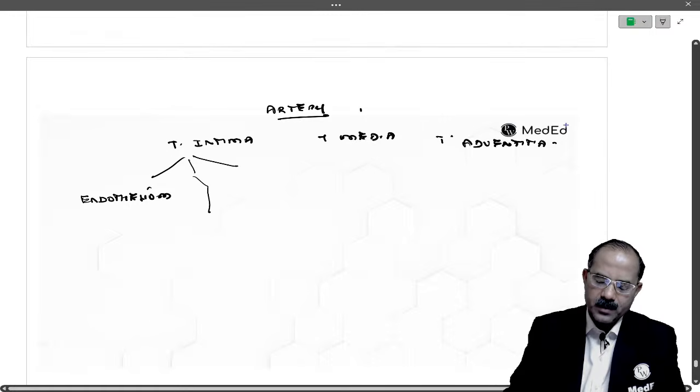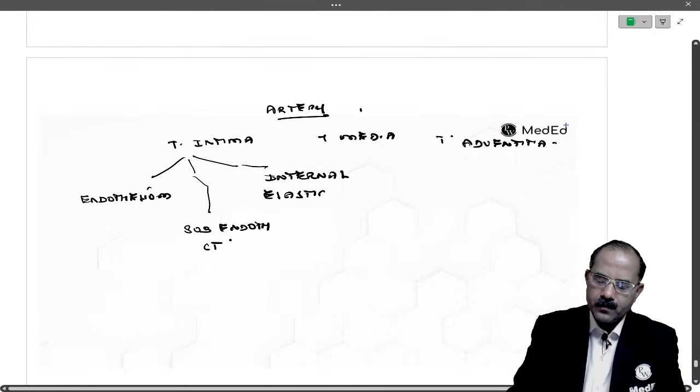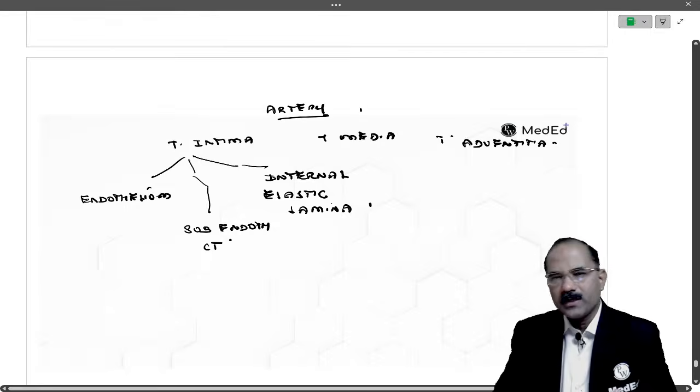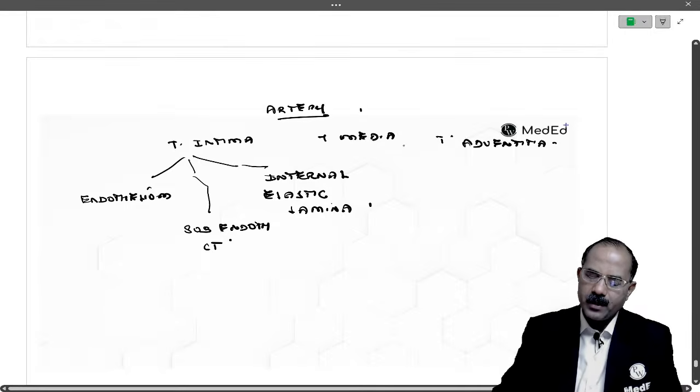Second is subendothelial connective tissue, and the third one is internal elastic lamina. So endothelium, subendothelial connective tissue, and internal elastic lamina.